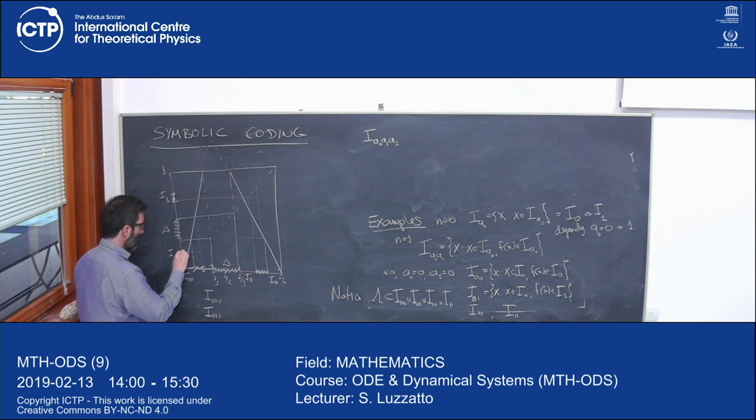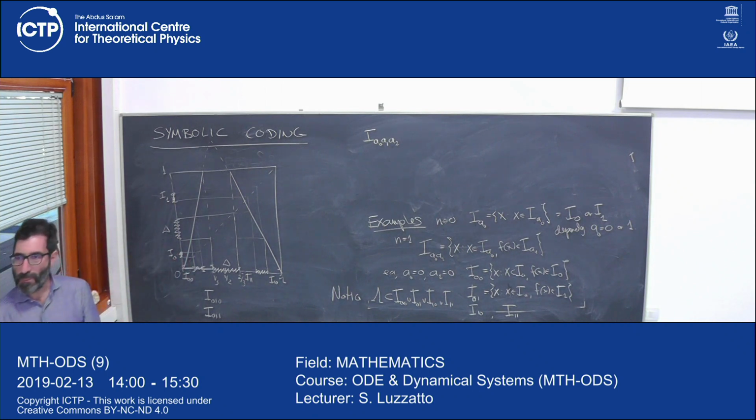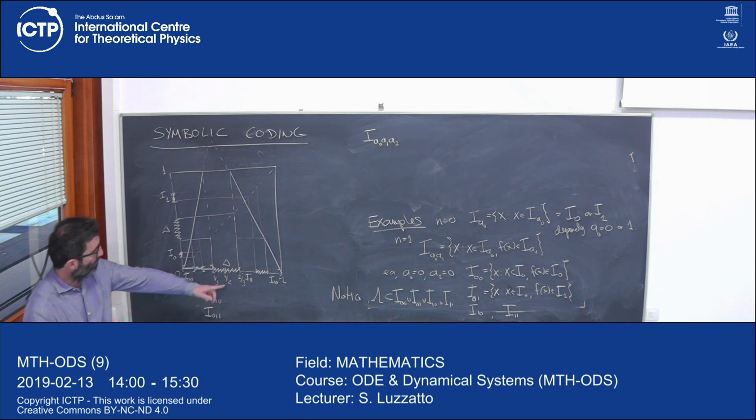So these two are the intervals. No, but here we missed the part, right? Sorry? This part also gets mapped by the symmetric part to the right. So there's I0, we have to extend the two lines until we reach the end of the square. You draw I0 on the y-axis, right?